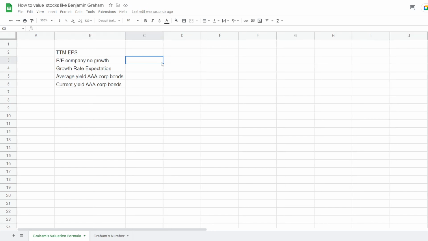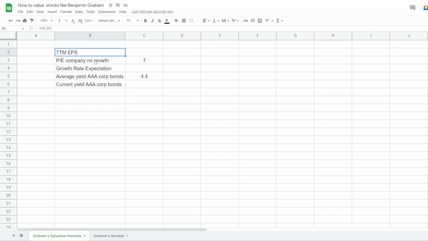Some of these metrics are already a standard number, like the PE of a company with no growth. In his thesis, this is 7, and the average yield of AAA corporate bonds is 4.4, so we can already fill these ones in. As an example, let's do this valuation now for Johnson & Johnson.